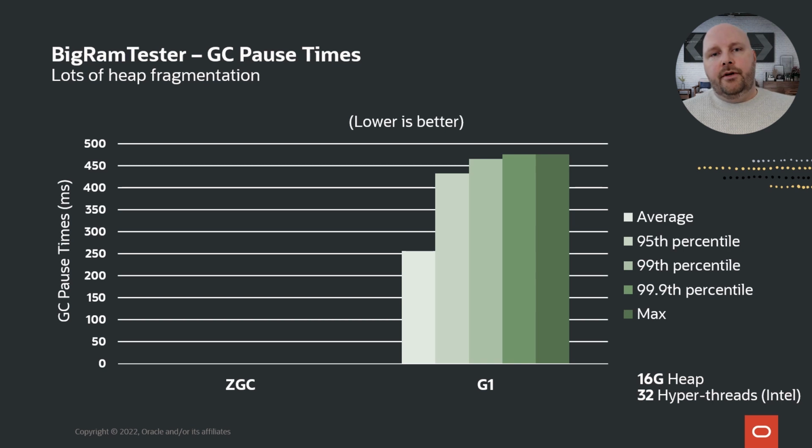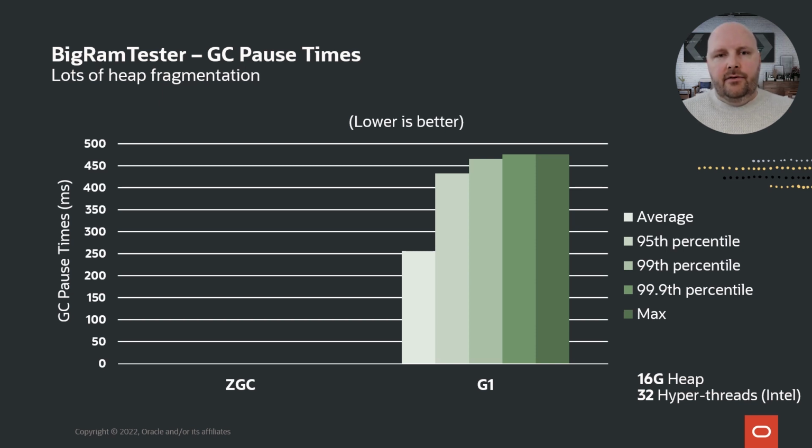Here's another benchmark called the Big RAM tester. That's a GC stress test. It causes a lot of heap fragmentation, so the GC is constantly busy moving objects around to fight fragmentation. And the story here is pretty much the same. G1 has an average pause time of around 250 here. ZGC pauses don't even show up.